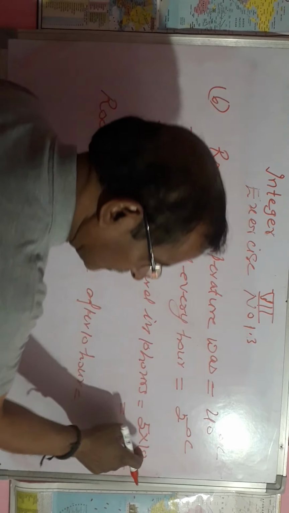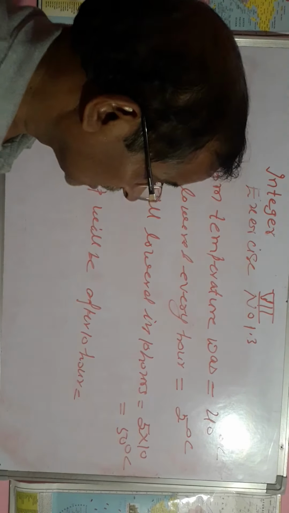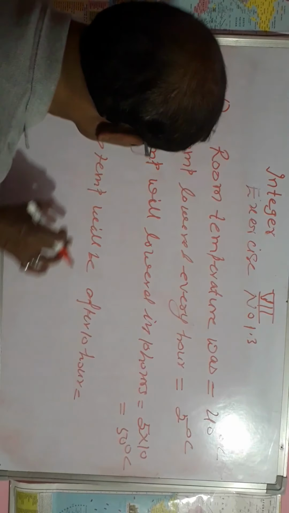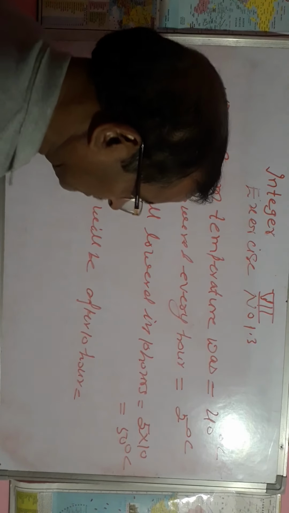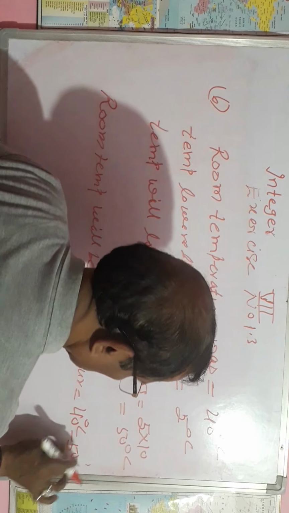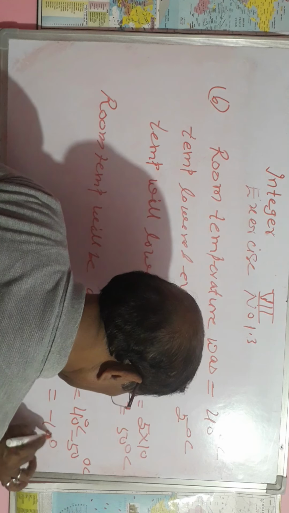In 10 hours the total temperature decreased will be 50 degrees Celsius. Hence, the room temperature after 10 hours will be the initial temperature 40 degrees Celsius minus 50 degrees Celsius, which is equal to minus 10 degrees Celsius.